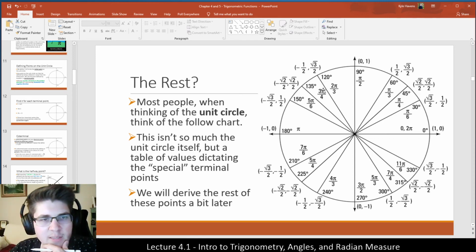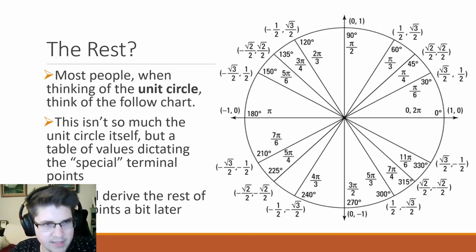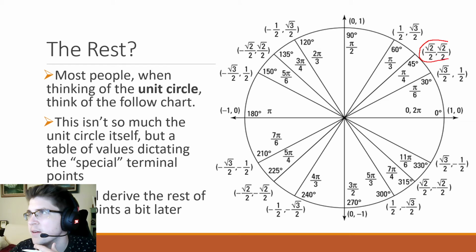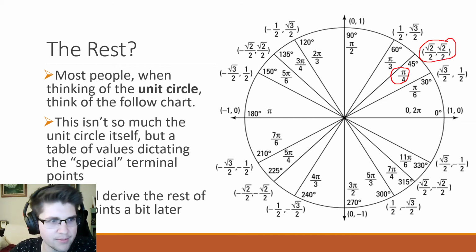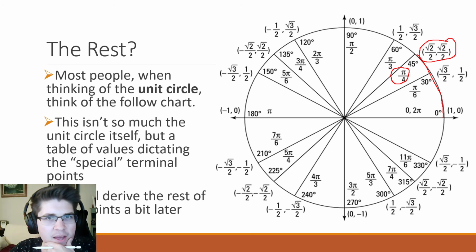But like say for example, we're talking about some of these other points like 3 pi over 4 over here. They're all combinations of these fundamental points in the first quadrant. Because let me draw on this here for a second. Once I know this point that we just figured out, which was halfway to the top, was pi over 4.